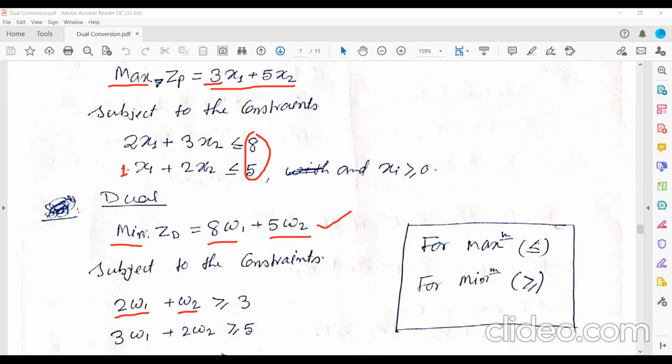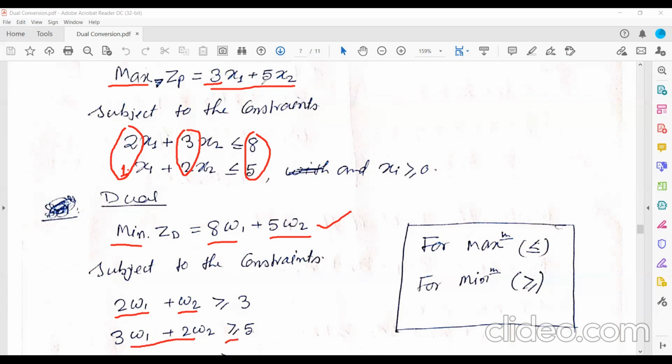That is the first coefficient. Then next, you need to consider this one. You considered this part first to write the first constraint, now you need to take this one. So 3W1 plus 2W2 is less than or equal to, so it will be greater than or equal to what?